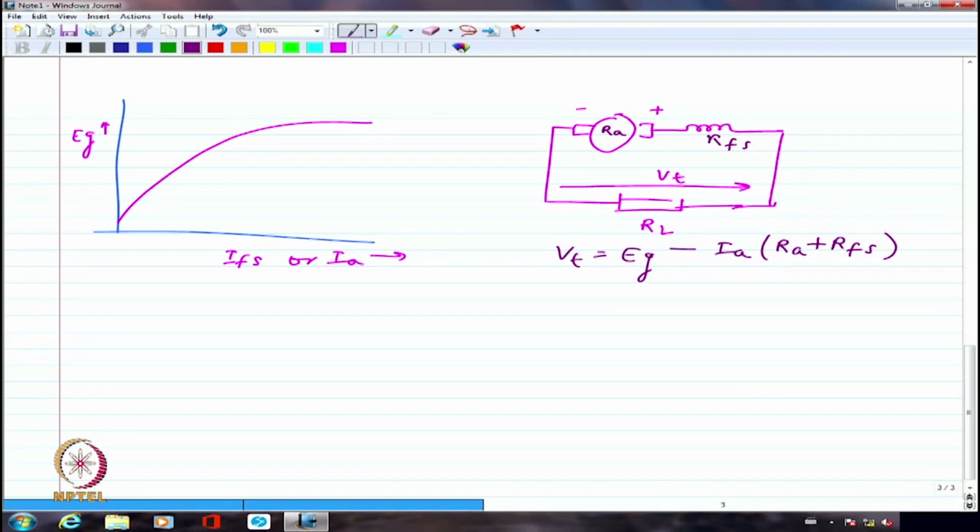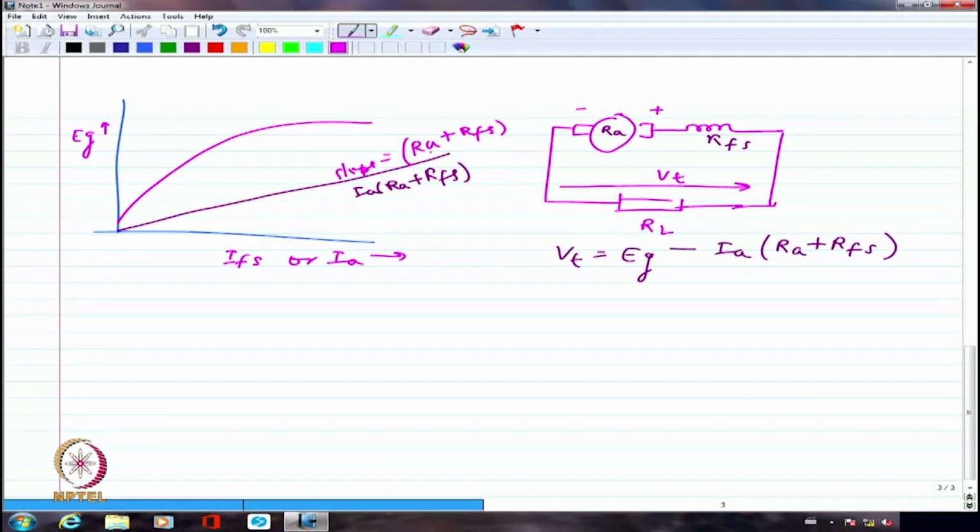So I should probably have that line drawn like this. I am just arbitrarily drawing a line which is actually IA multiplied by RA plus RFS. So the slope of this line clearly will be RA plus RFS. What is the series field resistance plus armature resistance together.